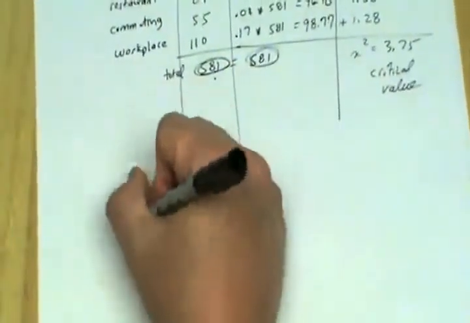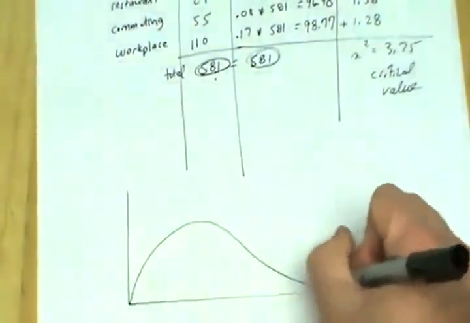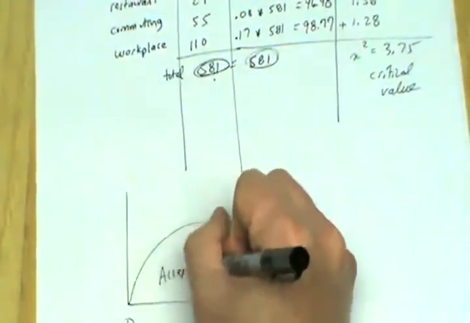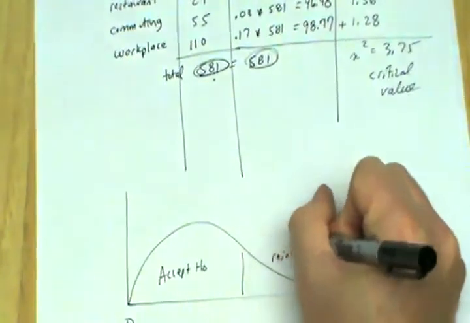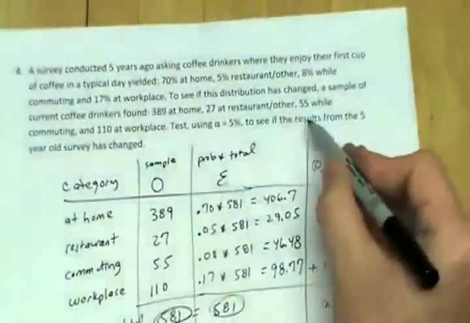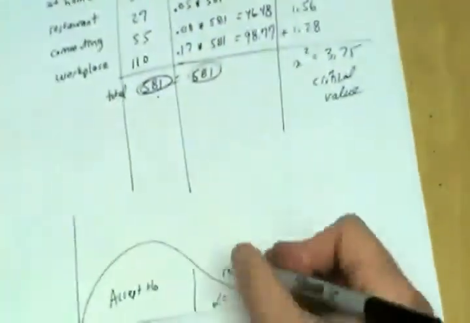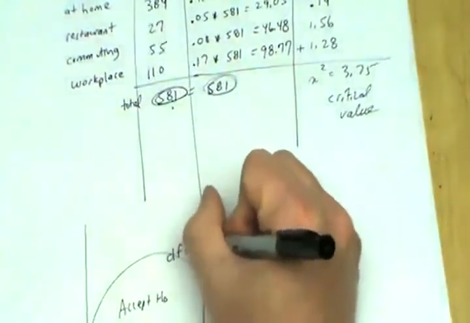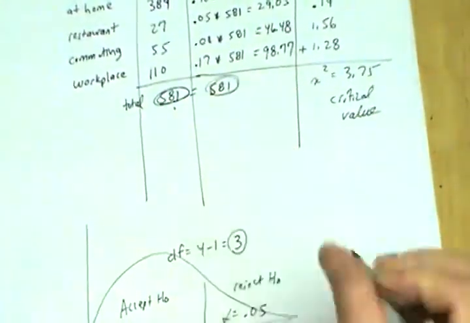Okay, so we're going to draw ourselves a chi-square distribution. Accept H0, reject H0. We're asking for alpha. Again, if I scroll up, 5% is part of the question, so 0.05. The degrees of freedom: there were 4 choices, we take away 1, which is 3.